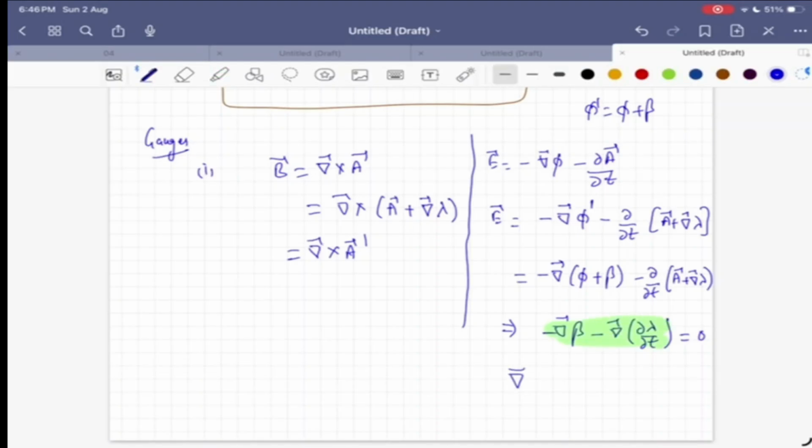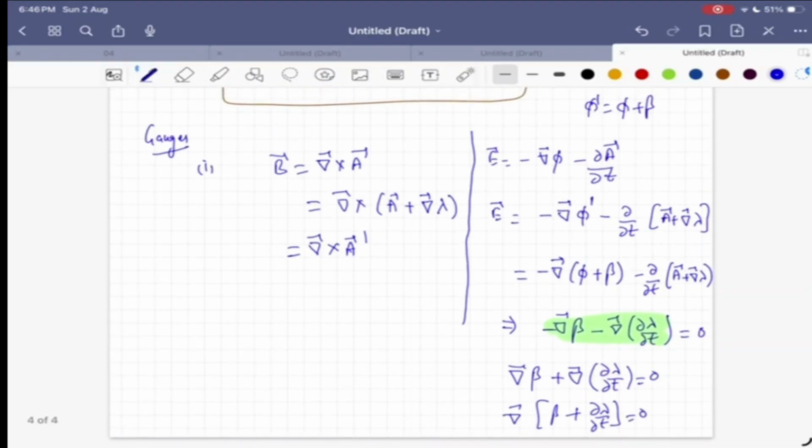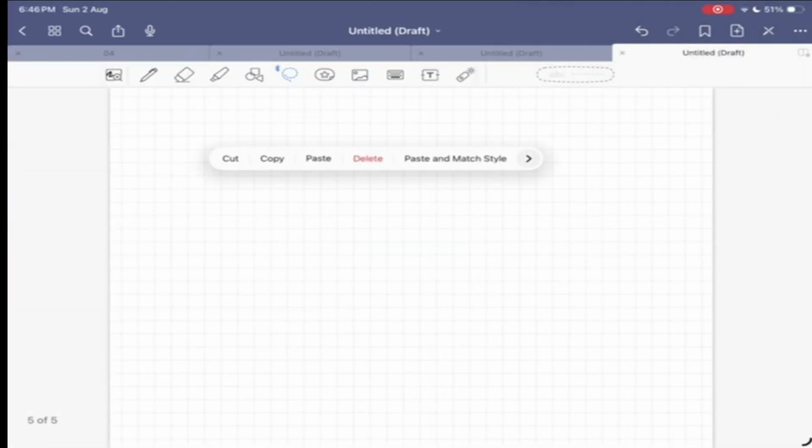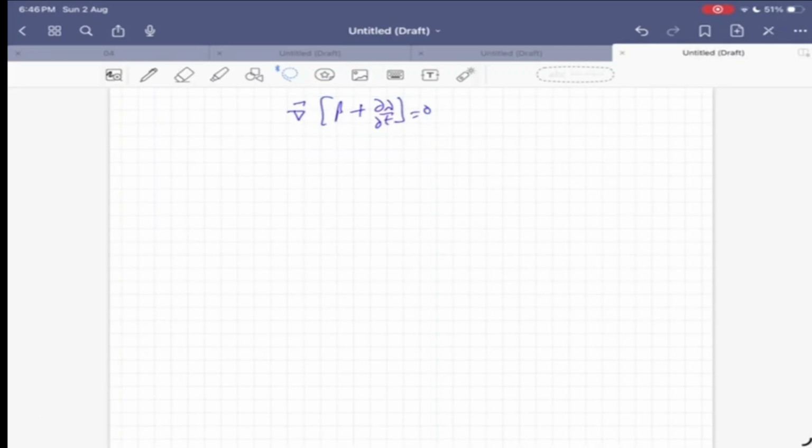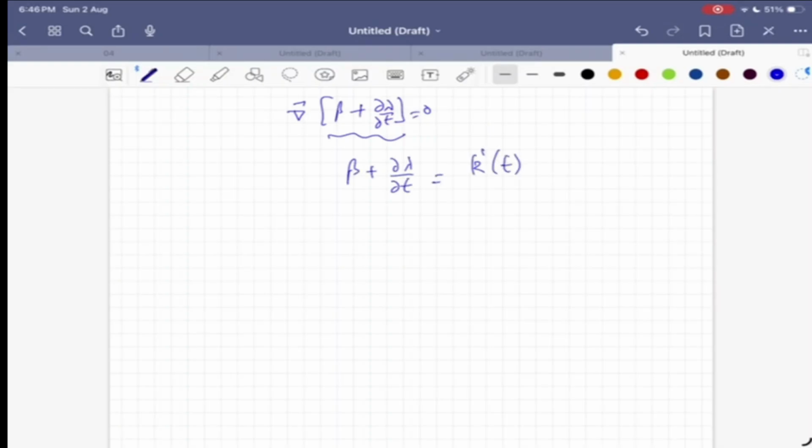It means grad beta plus grad del lambda by del t should be 0, or in other words grad of beta plus del lambda by del t equal to 0, which can be thought of as follows. Since del is the operator having the partial derivative with respect to space only, this thing can in general depend on some time factor.